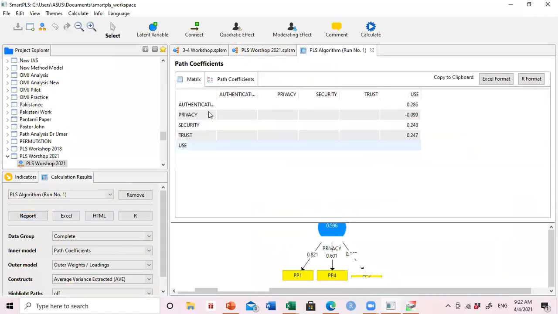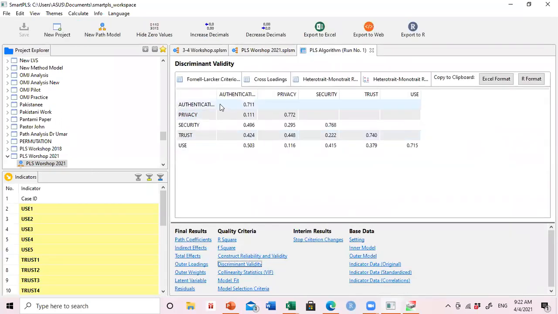So this is the Fornell-Larcker. Here is discriminant validity, and there are 3: Fornell-Larcker criterion, cross-loadings, and HTMT. What I said on Fornell-Larcker is that any number at the diagonal, when we say diagonal, it goes down steeply from up.